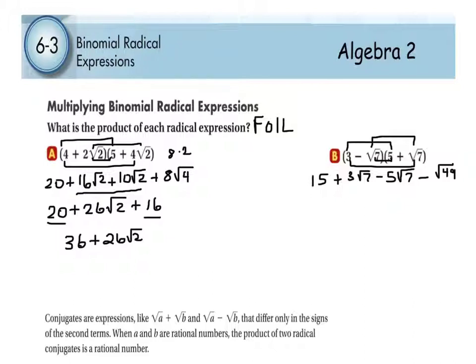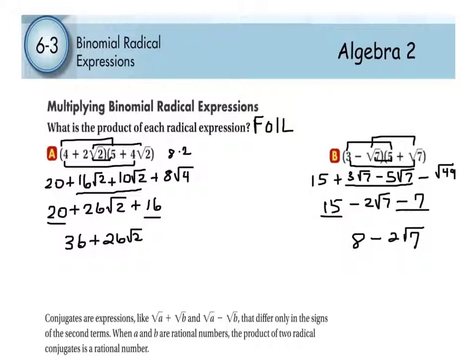Now I'm going to look to simplify. I've got 15. These two are like terms, which becomes negative 2 square root 7. And then minus the square root of 49, which is 7. So essentially I've got 15 and negative 7, which is 8, minus 2 times the square root of 7. Again, I cannot combine these two because they're not like terms.